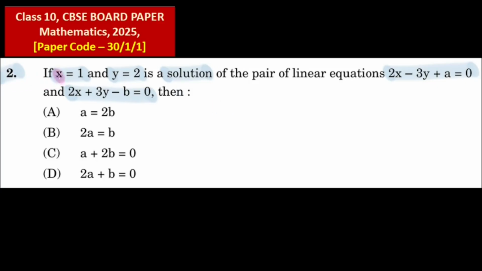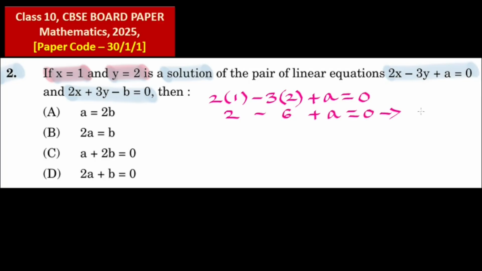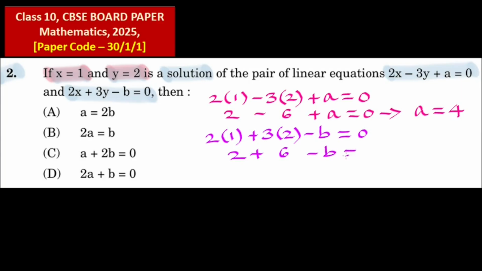By using the values x equals 1 and y equals 2, these equations become 2 into 1 minus 3 into 2 plus a equals 0, 2 minus 6 plus a equals 0. This gives a equals 4. Similarly, second equation gives 2 into 1 plus 3 into 2 minus b equals 0. 2 plus 6 minus b equals 0, which gives b equals 8.